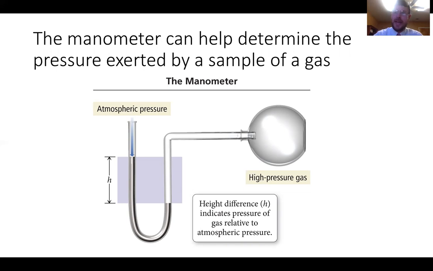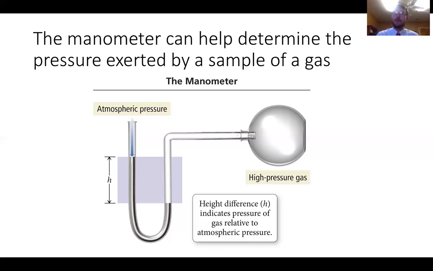That's right, our gas sample would have a higher pressure. Now let's say we see the opposite, where we just flip it around so the mercury is rising towards our sample and decreasing towards the atmospheric pressure. That's right, it means that the atmosphere is at a higher pressure than our sample.